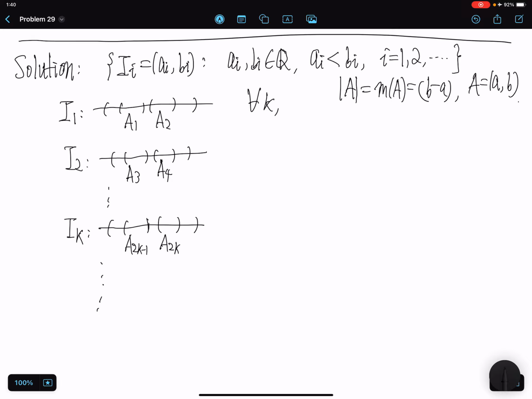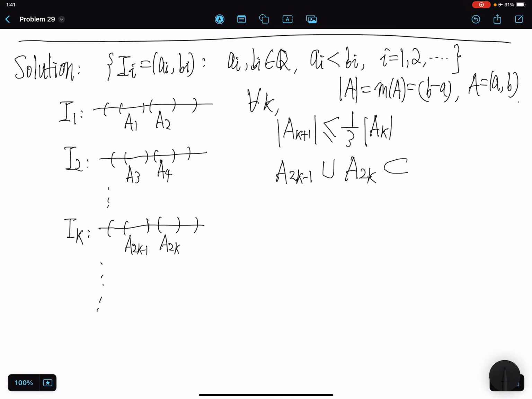So for any k, we want the length of A sub k plus 1 to be no bigger than 1/3 of the previous one. And then A sub 2k minus 1 union A sub 2k is contained in I sub k for any k, right?